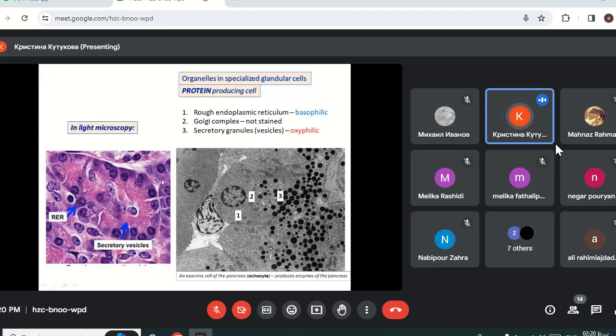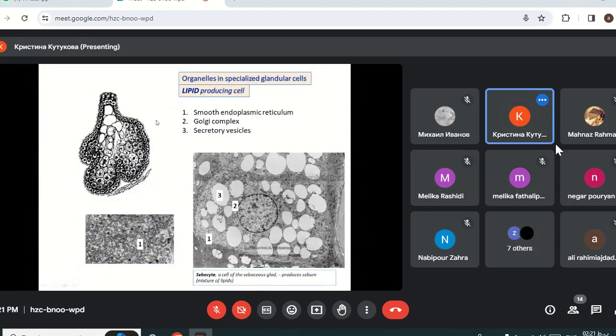So in the left picture, this is a light microscopy image, and in the right picture, the image from the electron microscope. Electron microscope is black and white, and a light microscope image stained with hematoxylin and eosin is of two colors.